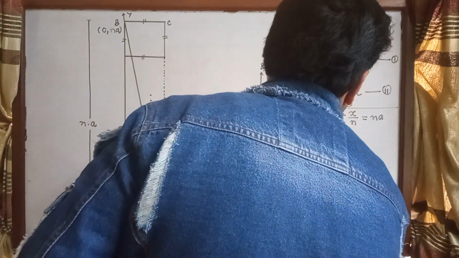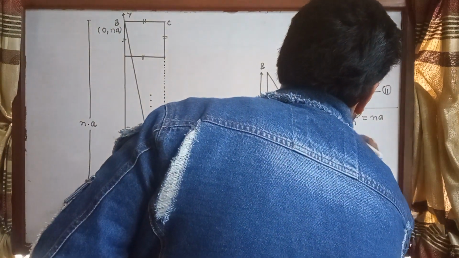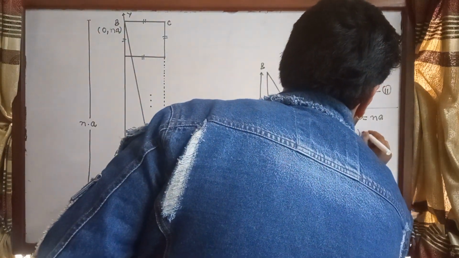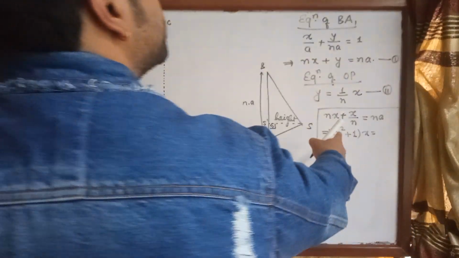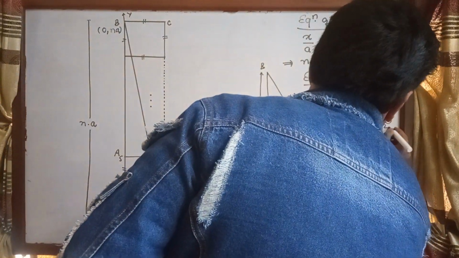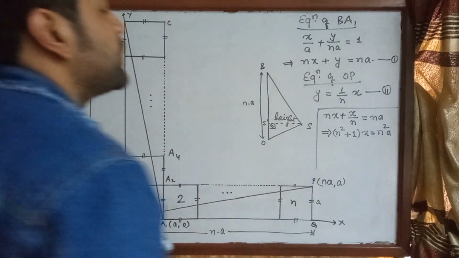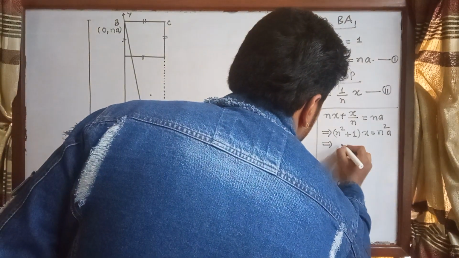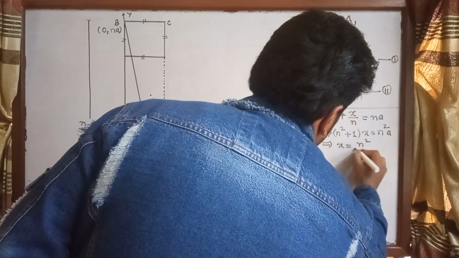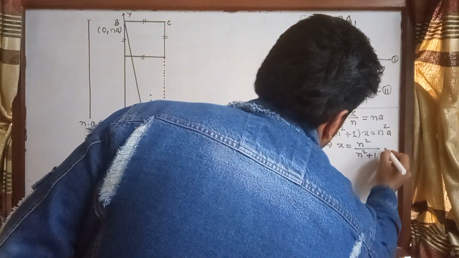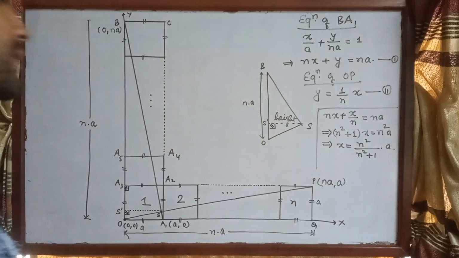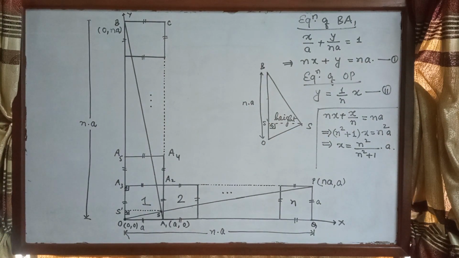So this gives n squared plus 1 times x equals n squared a, which means x is equal to n squared over n squared plus 1 times a. So we've obtained the value of x.